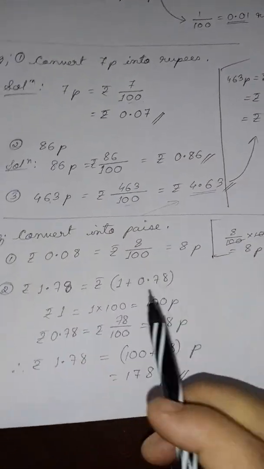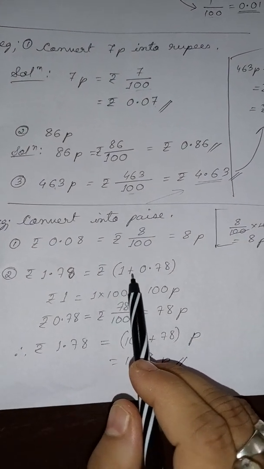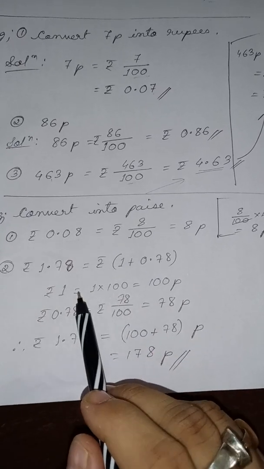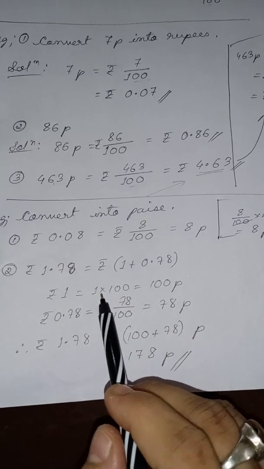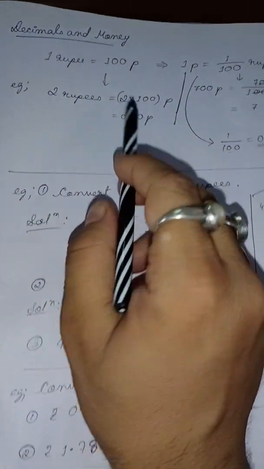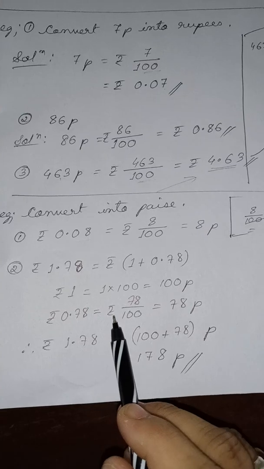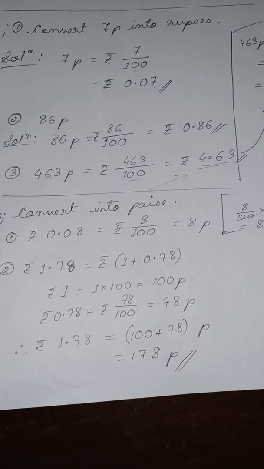Okay, now this one, 1.78, can be written as 1 plus 0.78. Now rupee 1 I have taken here. I'll convert first this rupee 1 into paisa by multiplying by 100. So 1 into 100 equal to 100 paisa. We have learned this, converting into paisa, multiply by 100. Now in 0.78 I will not go for multiplication here because as I said again, you have not learned till now, we have not gone to the topic of multiplication of decimal.